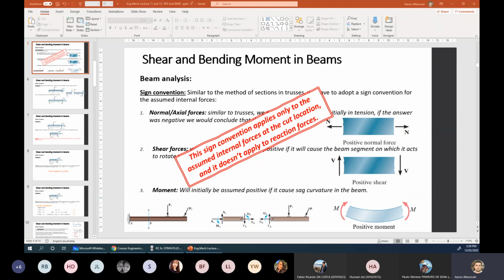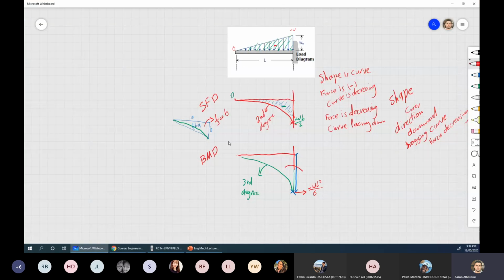Hear me out. All we're doing along the entire beam is looking at these cross sections every time. If you look at this one, this force is creating a moment this way, the opposite direction. That's why we are going negative. All these forces will create a moment this way. Don't worry about the reaction now. Ignore the reaction.